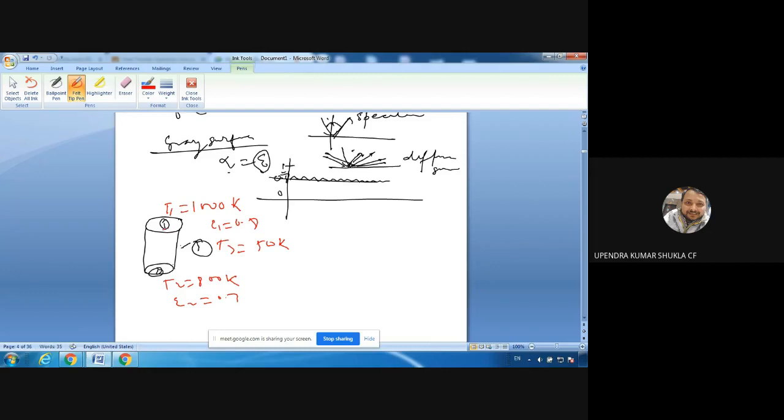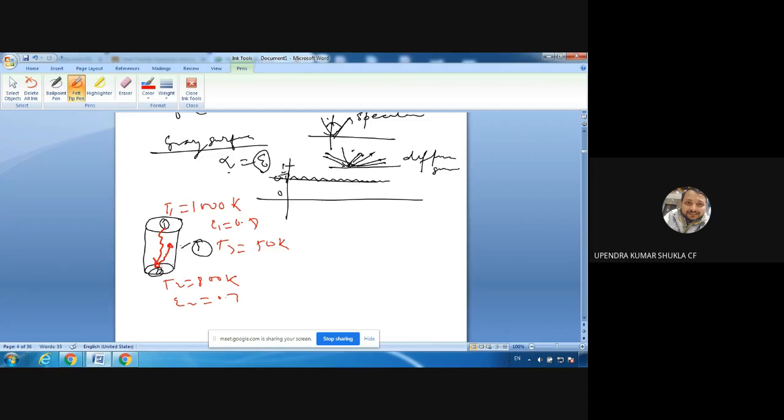The radiation will be emitted and some part will reach surface 2. Had surface 2 been a black surface, the radiation coming from surface 1 would be completely absorbed, because that is the property of a black surface. But since this is a gray surface, it will not be completely absorbed, so some part of the radiation will be reflected back.